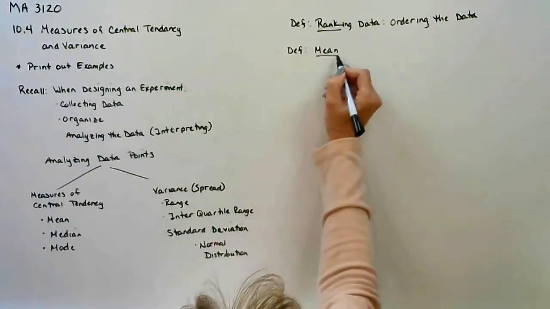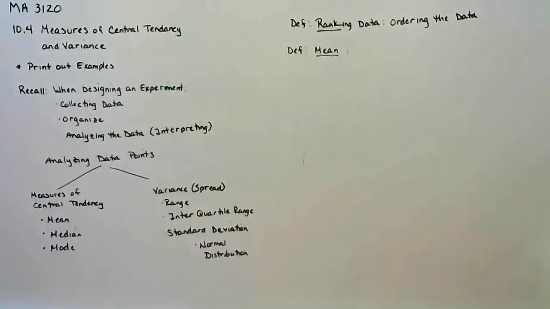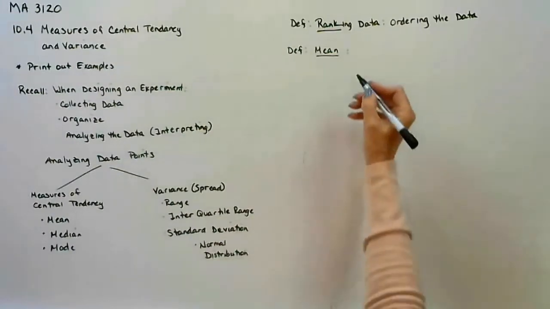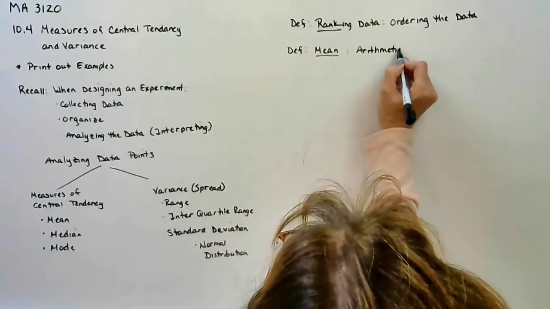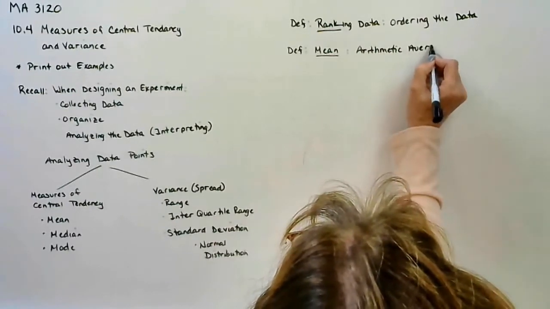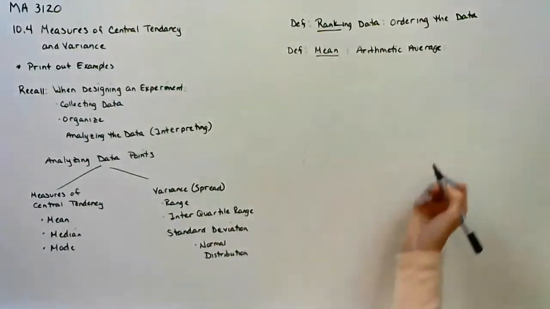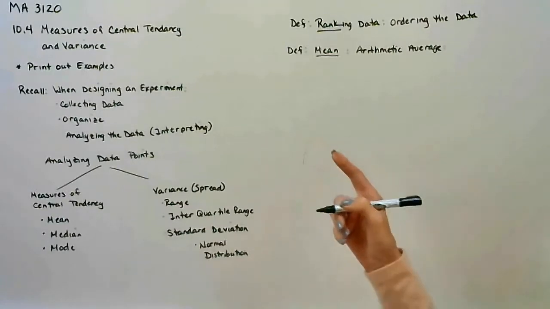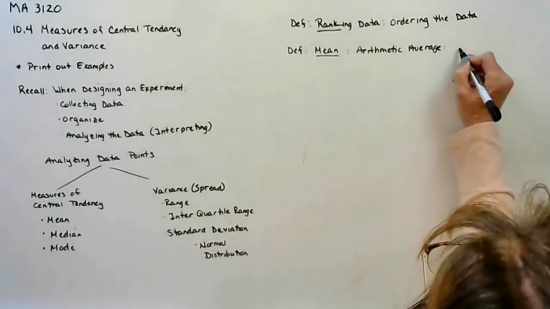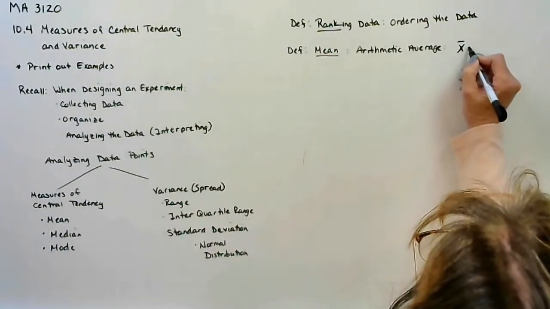Okay? And then we'll look at the definition of mean. Now you may already be familiar with this because the mean is the same as taking the arithmetic average. So how do we take an average? Well, we add up all the data points and divide by the number of data points. So the symbol for mean is an X with a bar over it.